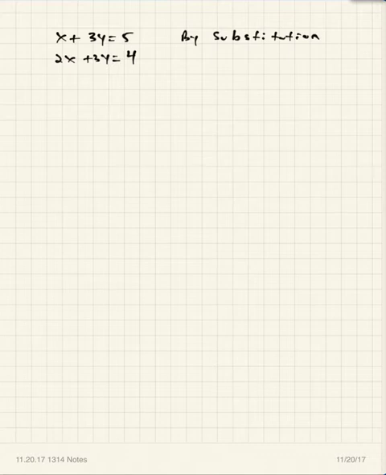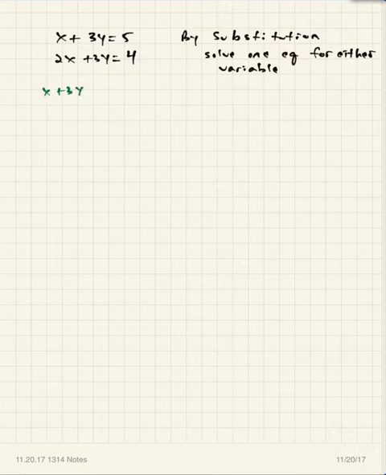So with substitution, the first step is to solve one equation for either variable. Okay, so what that means is, for example, in this problem, I'm going to do this in a different color so you can separate it from the problem.